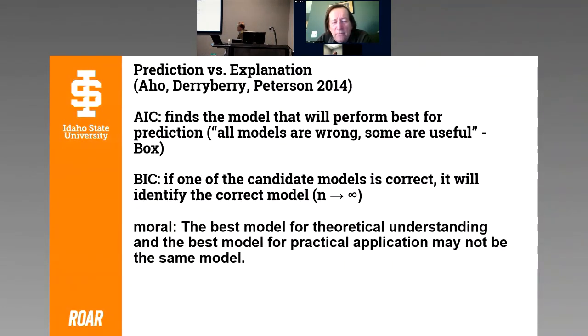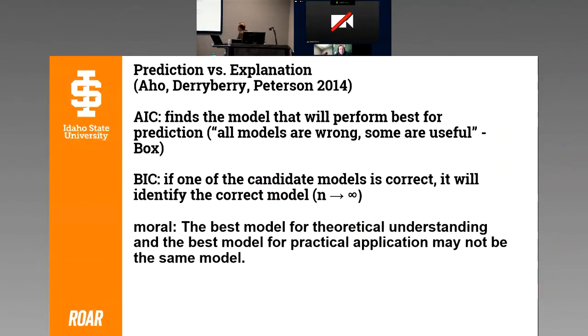So if your purpose is prediction, you should be living in the AIC world. If your purpose is explanation and what really is happening, you should be living in the BIC world or the Bayesian world as well. BIC matches up with Bayesian approaches.